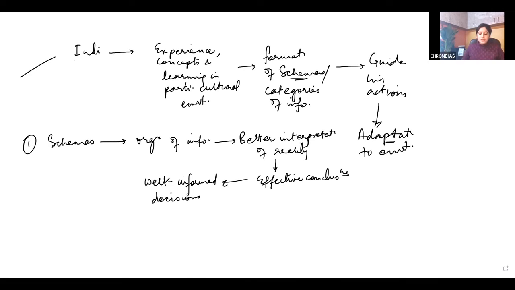If the decisions are well-informed, they are rational. So it is pointing towards what? You will be able to better adjust to the environment. So it will facilitate our adjustment with the environment.